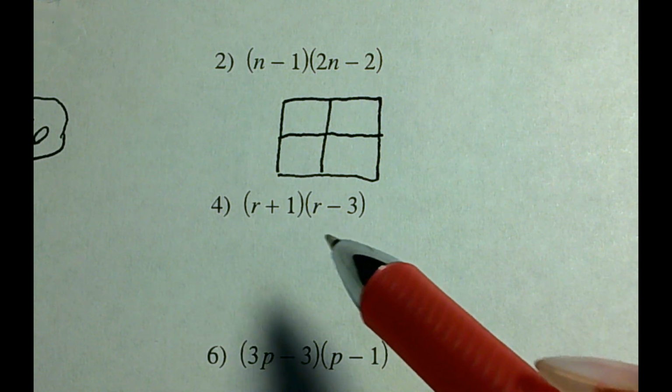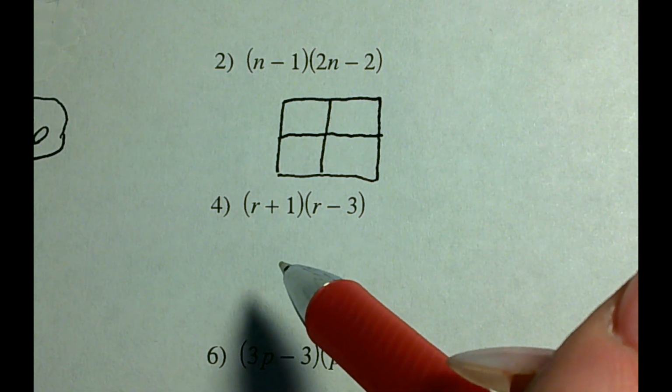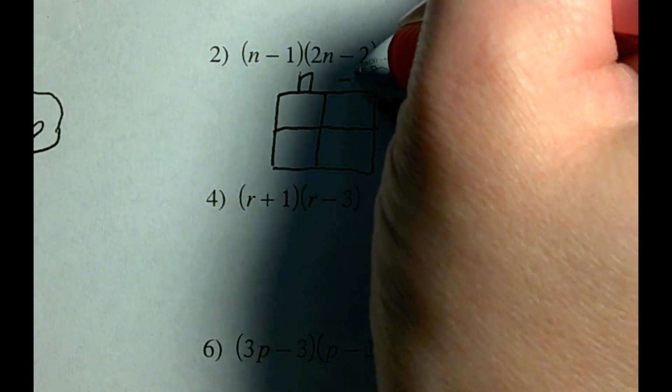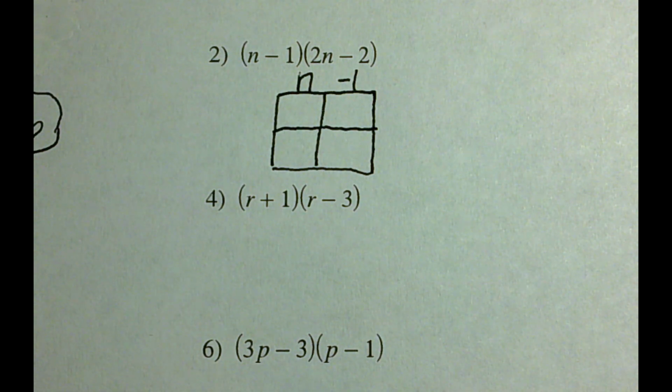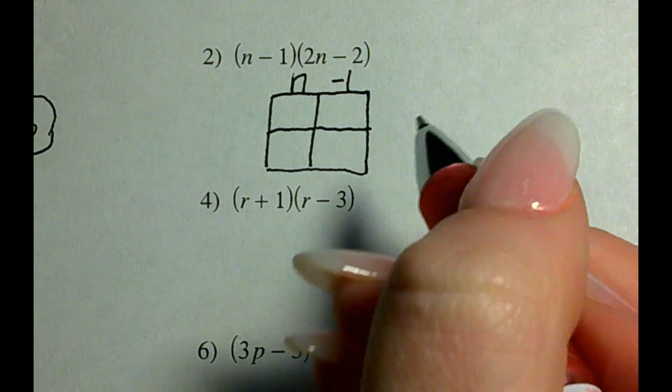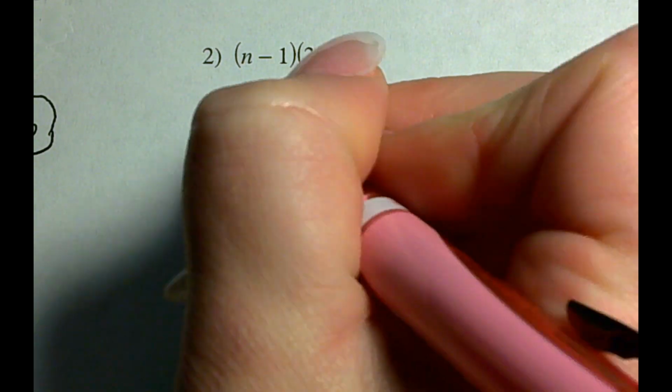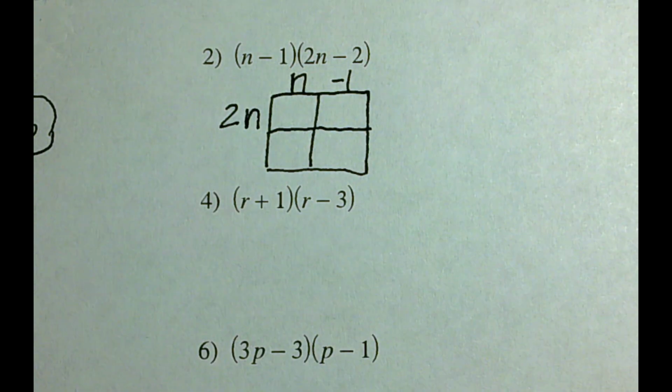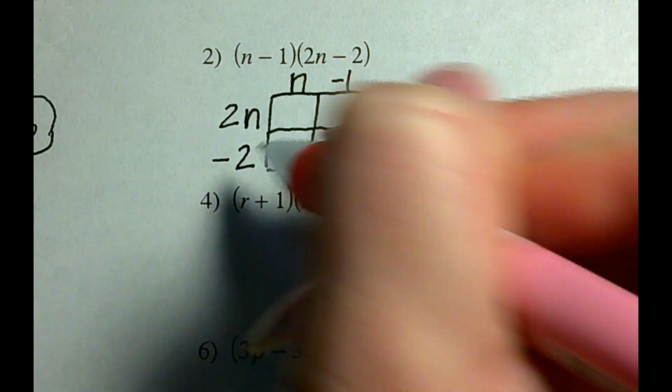So on number 2, what should I write on top? n and minus 1. And then what? 2n on the side and minus 2.